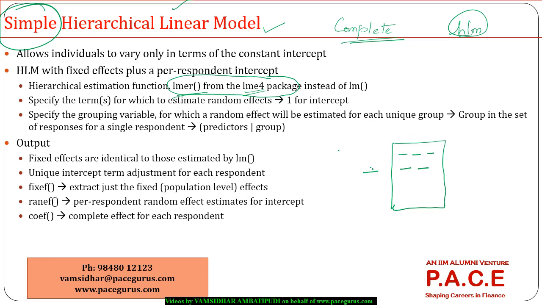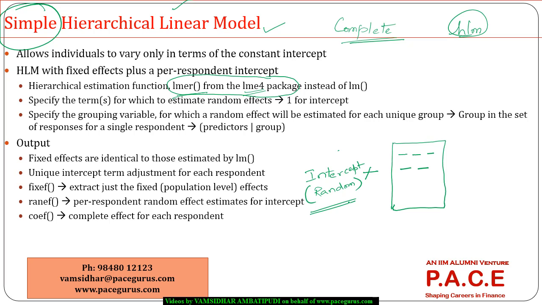But along with that, only the intercept is random. Only the intercept part of it is random when I am talking of a simple hierarchical linear model, which means for each individual respondent, all the four coefficients will still remain the same, but the individual impact is reflected as a part of the intercept.